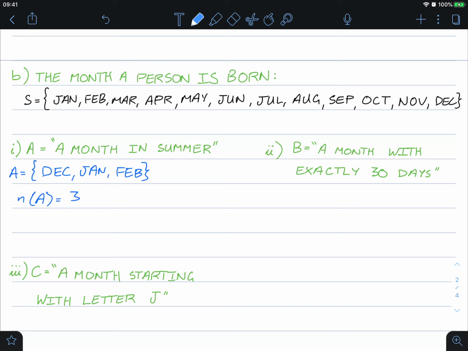A month with exactly 30 days. So the favorable outcomes of B are, hang on, let me see if I can remember them. 30 days have September, April, June, and November.